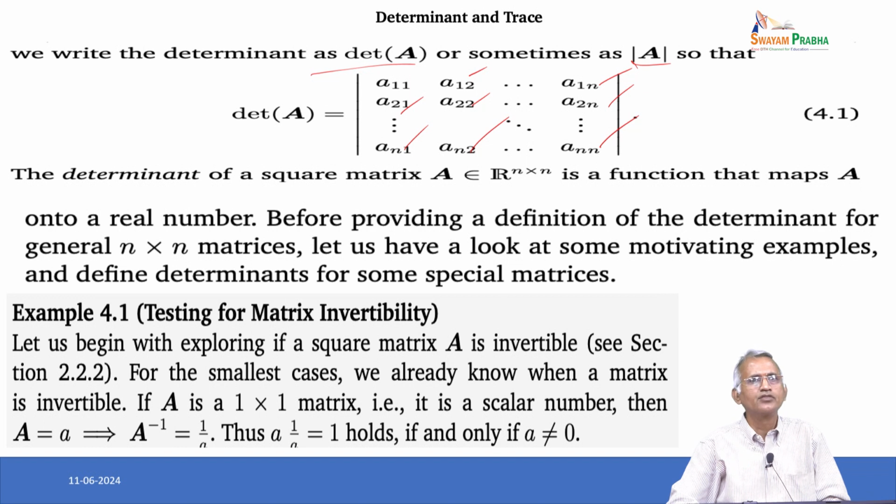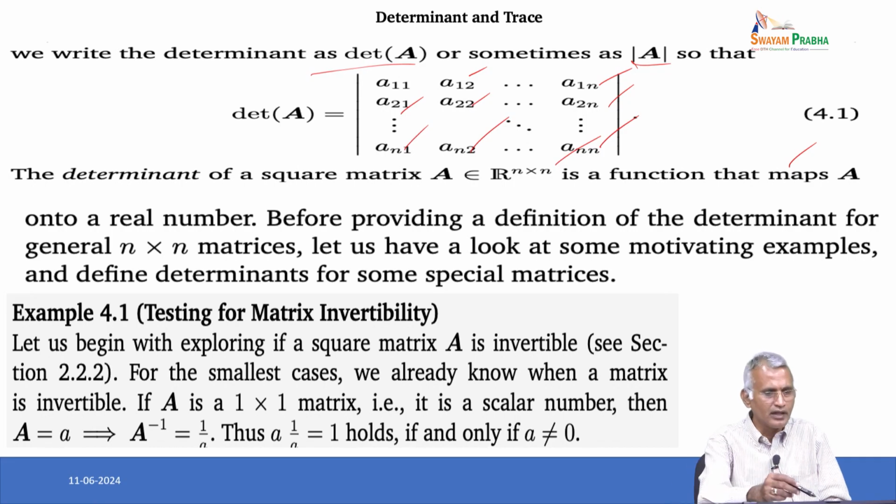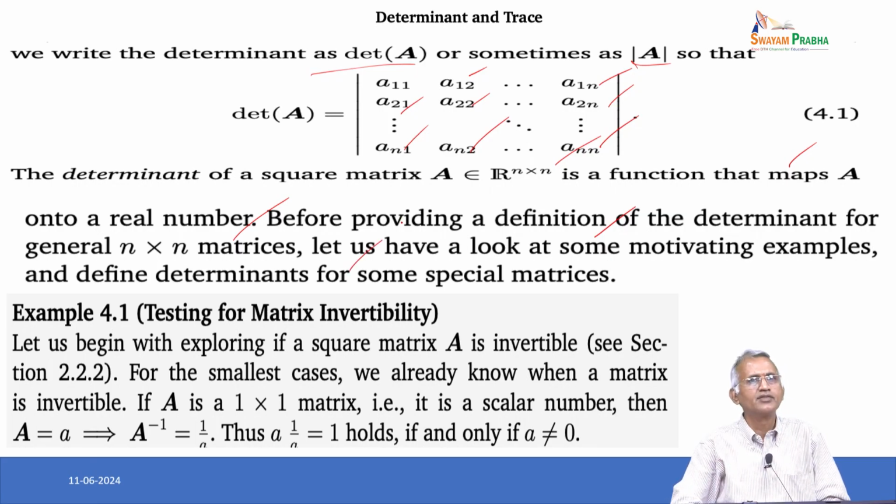The determinant of the square matrix A in R power n cross n is a function that maps A onto a real number. Before providing a definition of the determinant for n cross n matrices, let us look at some motivation and examples defining the determinant for some special matrices, and an example testing for matrix invertibility.